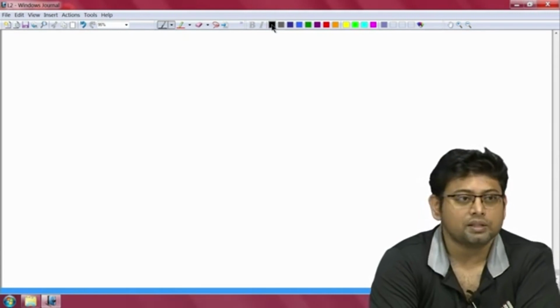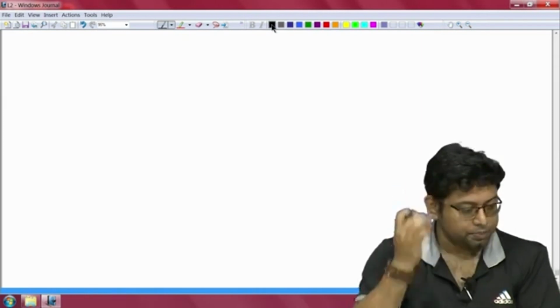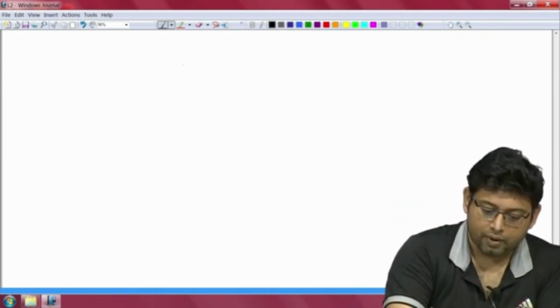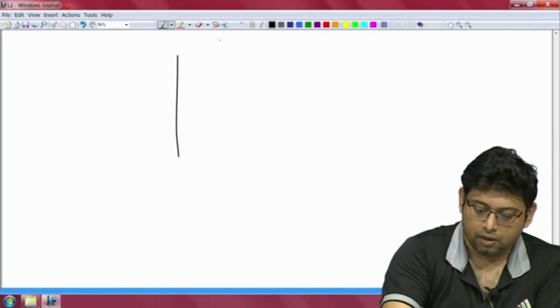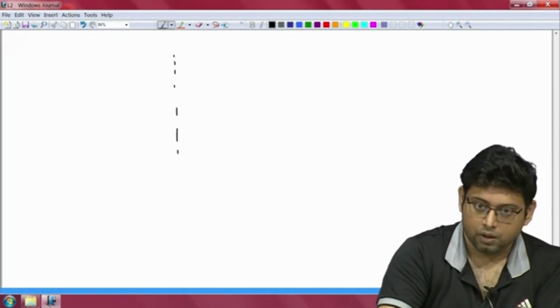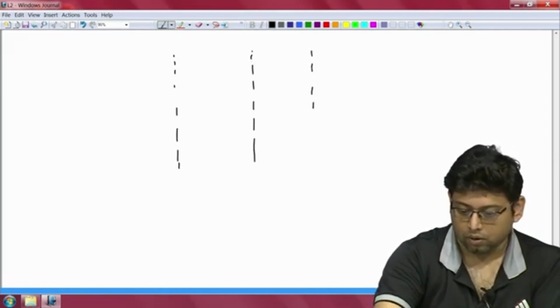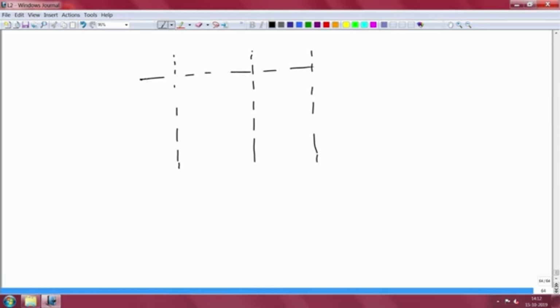Now, they can be in a crystal lattice in many different ways, but let us take a very simple cubic lattice and quickly draw a structure, and let us say we are going to place some atoms at these places, right.